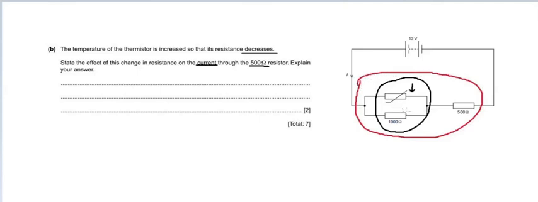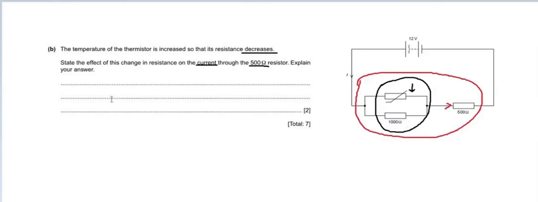If you decrease this value, this will also decrease. And if the total resistance of the entire combination decreases, what will happen to the current? The current in the circuit will increase, because the same current is flowing through this 500 ohm resistor and through this combination of the thermistor and the 1000 ohm resistor.